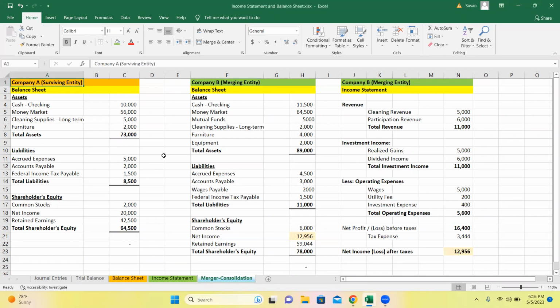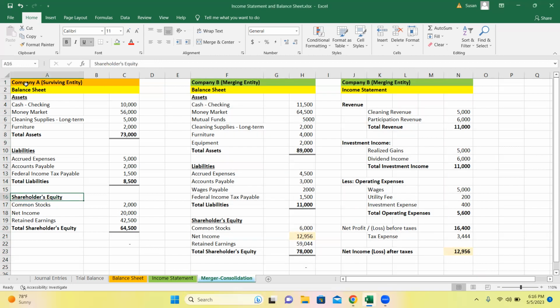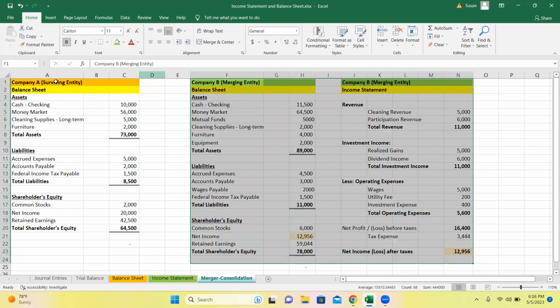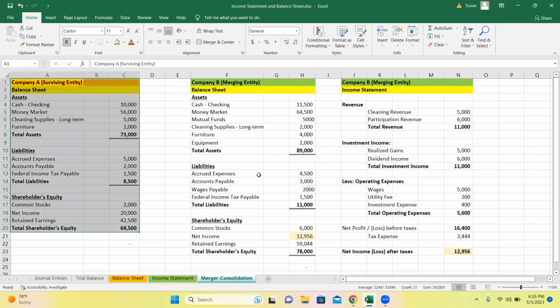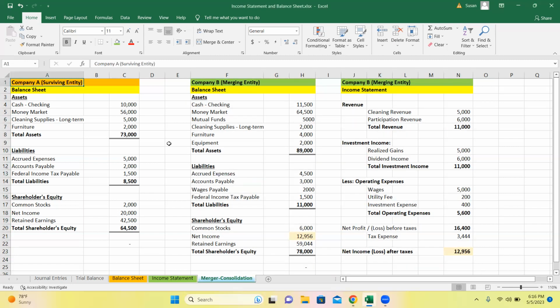Company A is going to be the surviving entity, meaning that Company B's financial records are going to merge or consolidate into Company A. So only Company A survives, hence surviving entity, and Company B will no longer exist because it merged with Company A. So Company B, after the merger slash business consolidation, will not exist as a separate entity because it will become Company A. Hence, that's why it's called merging entity.